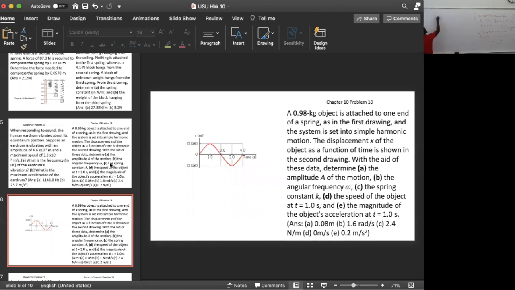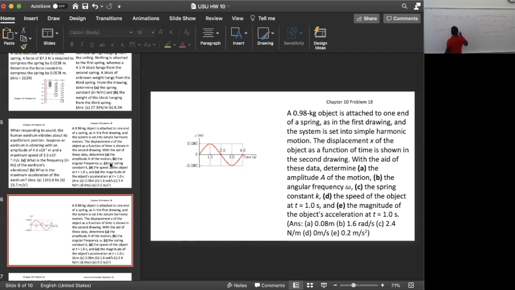So your period T is 4 seconds. So T is 2 pi over omega, okay? Because omega is 2 pi frequency, which is 2 pi over T. So what is omega? 2 pi over T. That's 2 pi over 4 seconds.